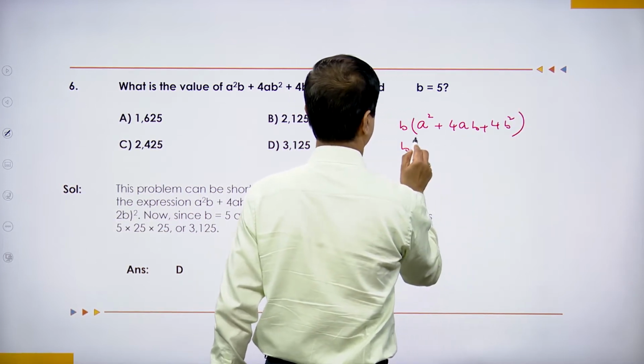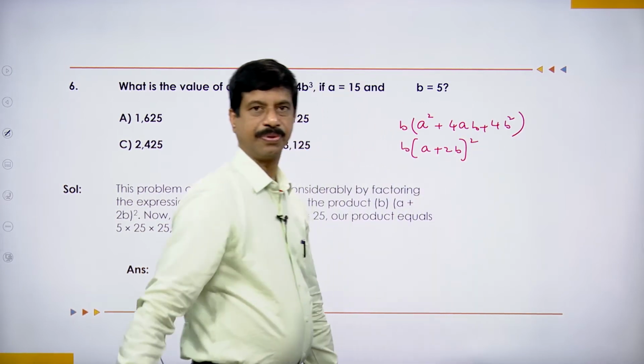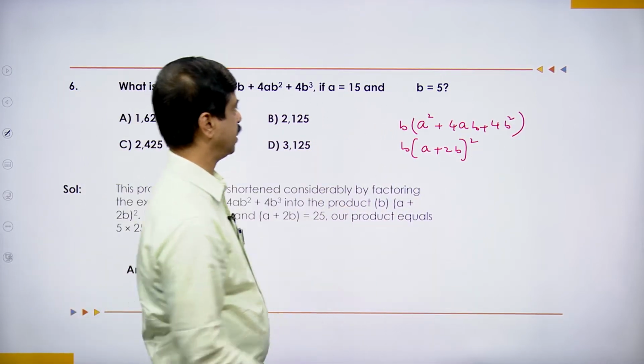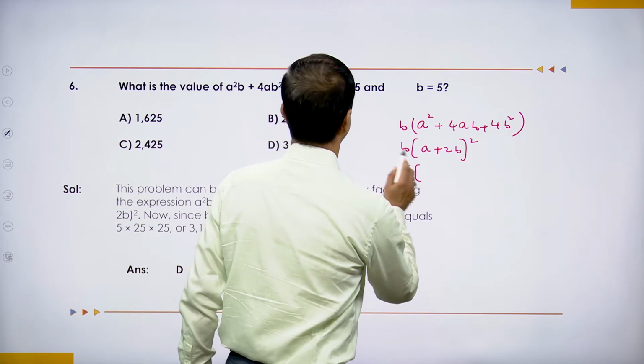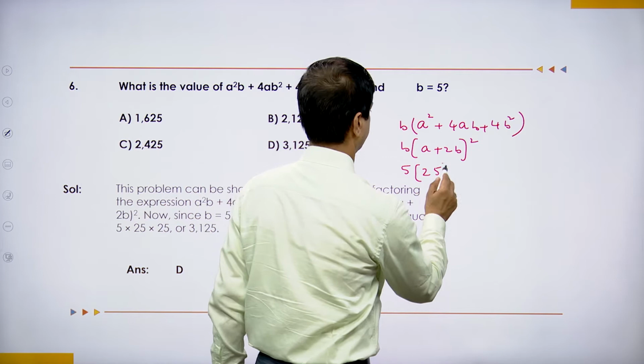So this is B into (A plus 2B) whole squared. So right, this can be taken like that. B is 5 into (A plus 2B), 15 plus 10, 25 squared.